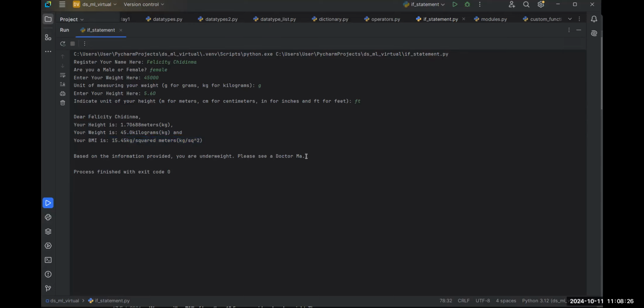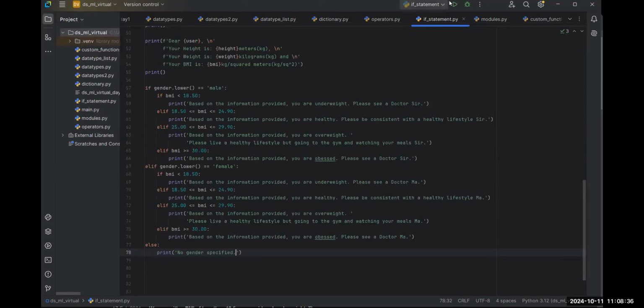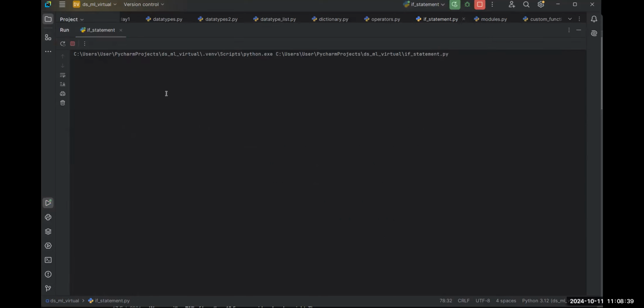Now, let's see for a guy who is overweight. Okay? For a guy who is overweight, we run again. We are saying Abai Sonny, right? Male, your weight here. So let's use a little above 70 now.